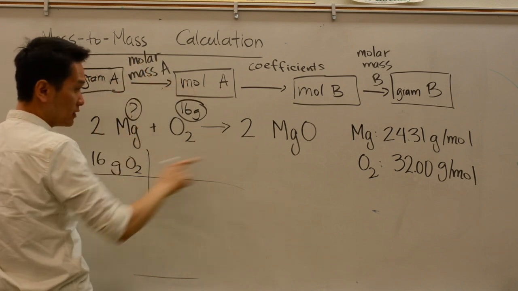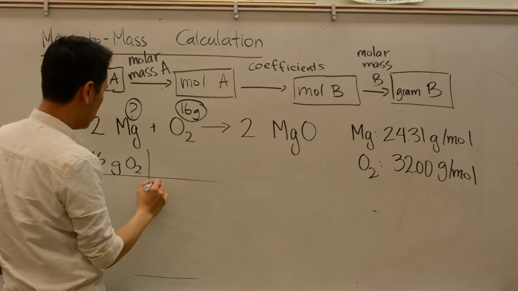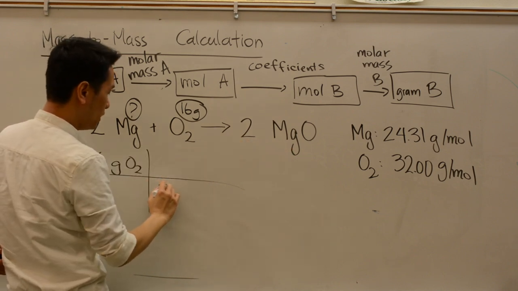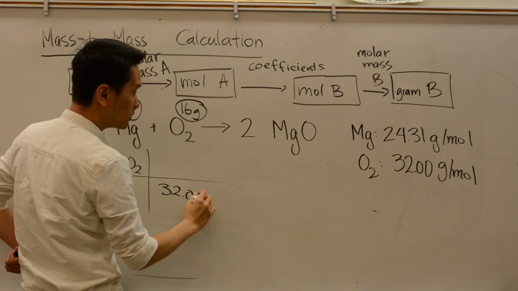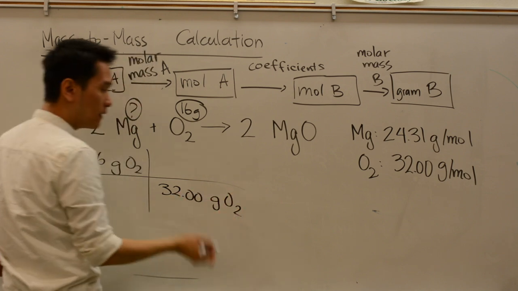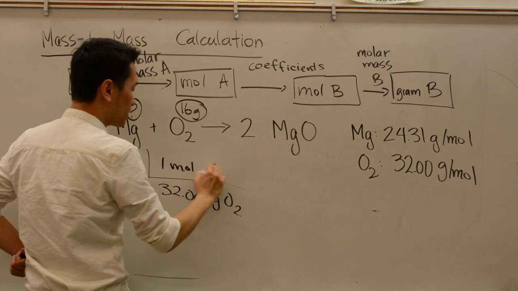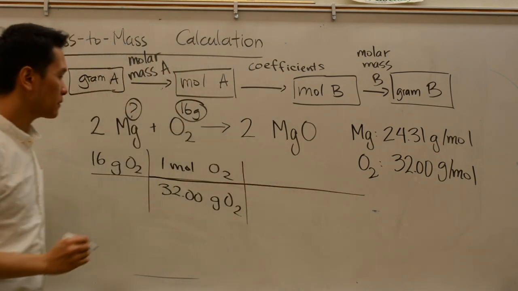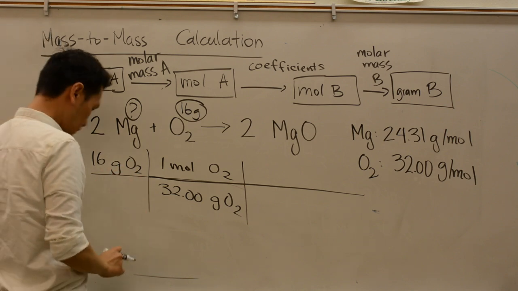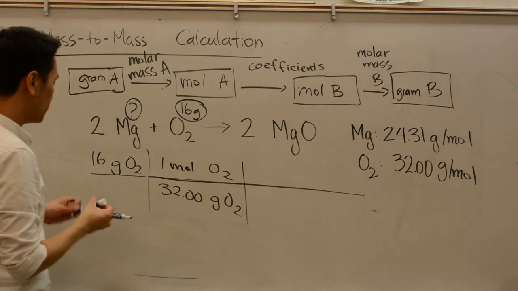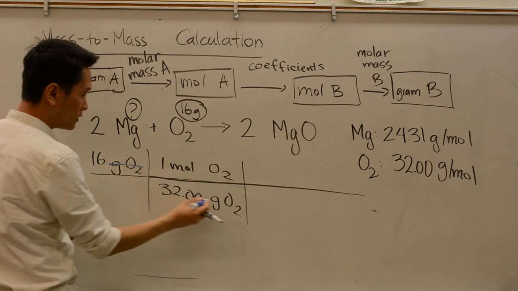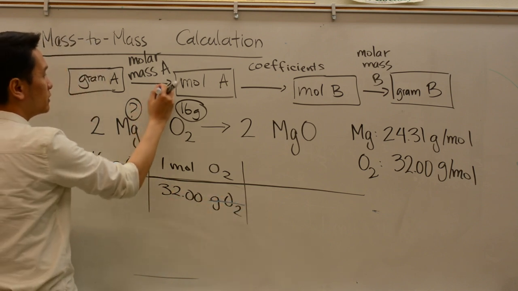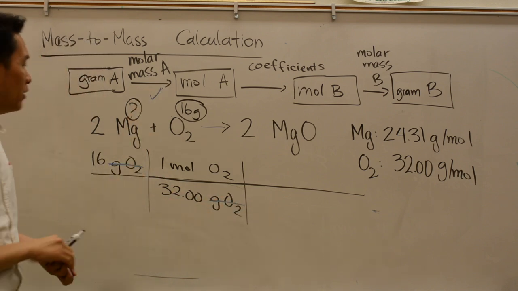What's the molar mass of oxygen? I've already calculated it over there. The molar mass of oxygen is 32.00 grams of oxygen for every 1 mole of oxygen. Unit analysis says grams of oxygen goes away. Check off that box. Now we have moles of oxygen.